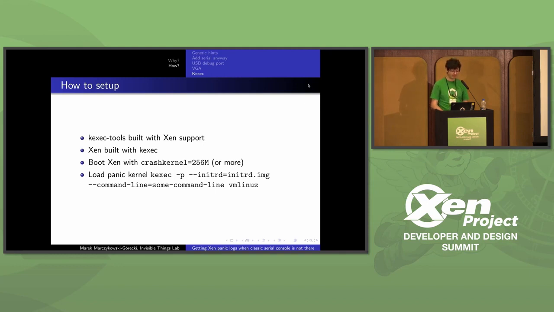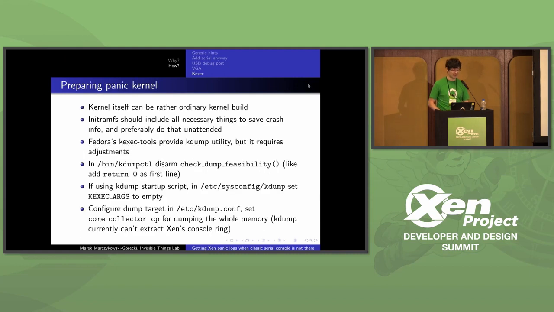Okay, so how to prepare this kernel? The kernel itself can be just a normal Linux build. It's useful for this to be rather small because you need to reserve memory for this kernel statically on the boot. So this is memory you will not be able to use for anything else, so it's probably better to keep it small.